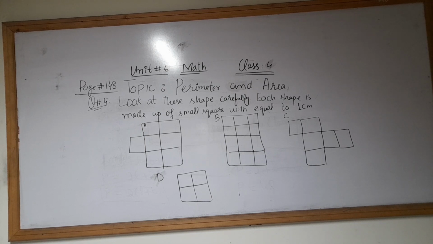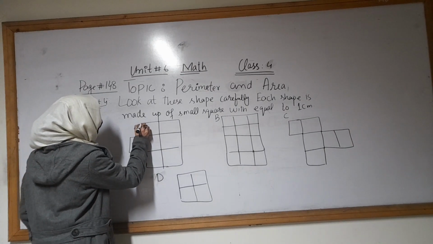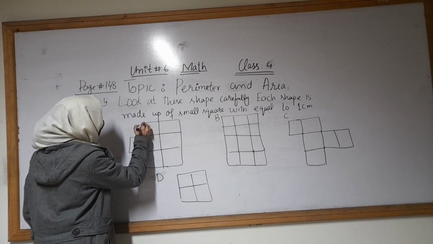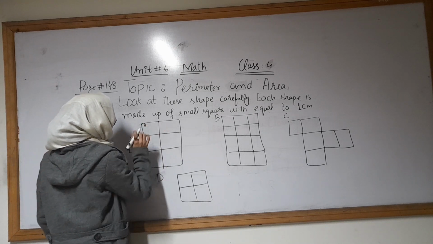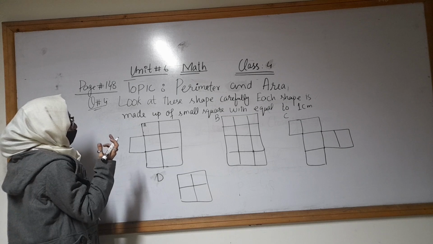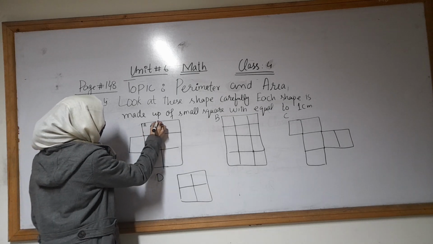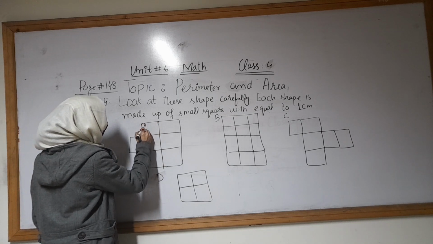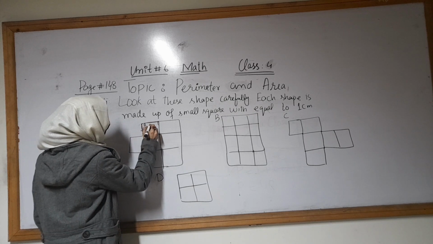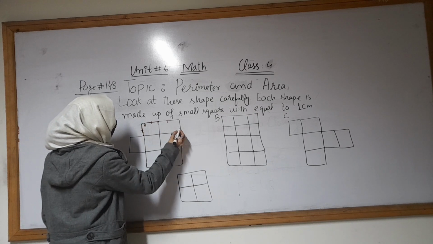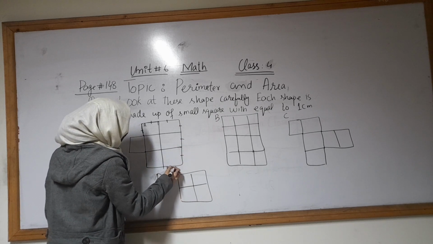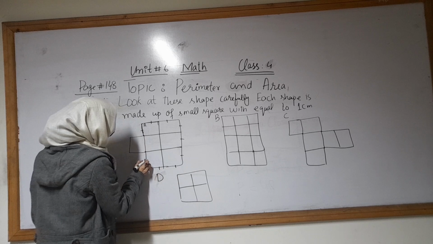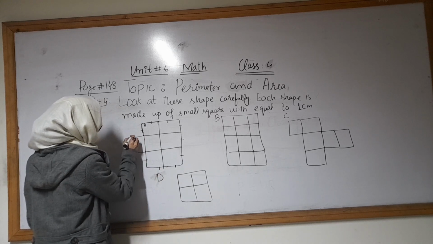So in question number 4, in part A, we have to find the perimeter, and in this question we will calculate only the boundary. So this is the box and the boundary is this: 1, 2, 3, 4, 5, 6, 7, 8, 9, 10, 11 and 12.